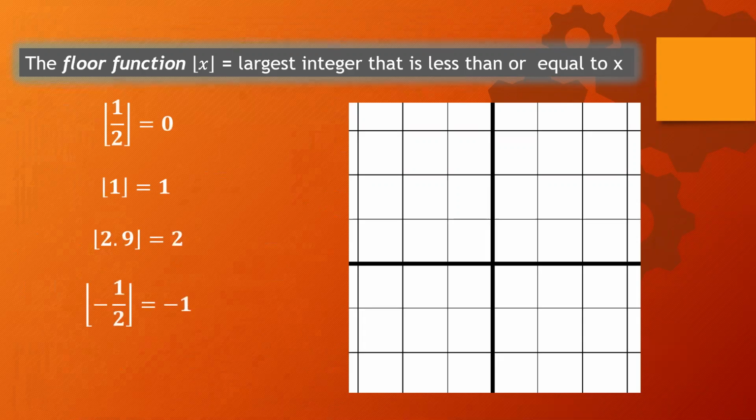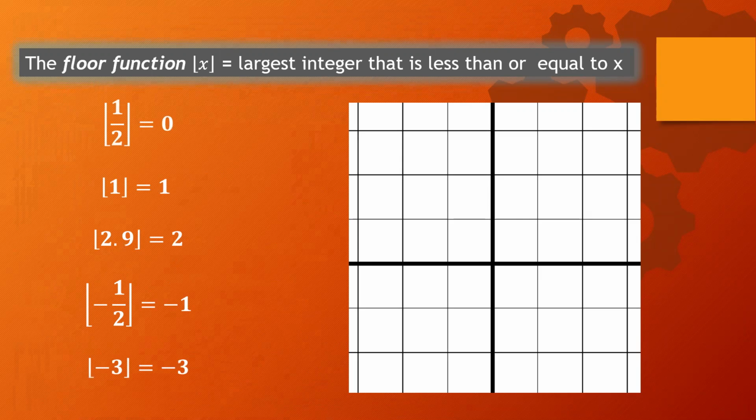The floor of negative a half is -1 because negative a half is greater than -1, but we need the largest integer that is less than, right? What are the integers less than negative a half? -1, -2, -3, and we need the largest of those. Whereas the floor of -3 is still just -3.